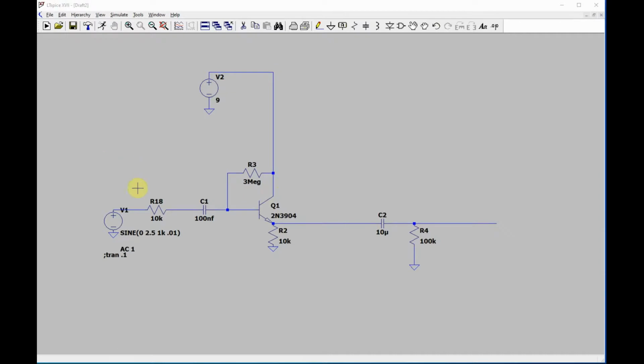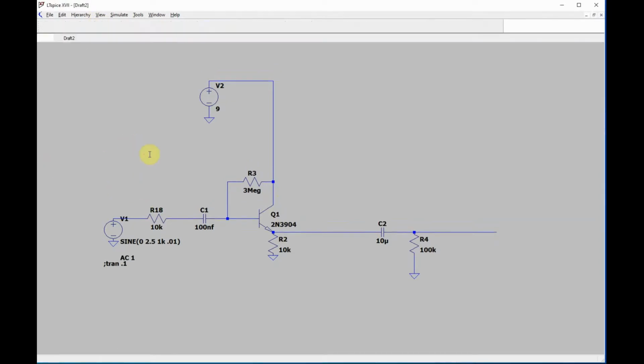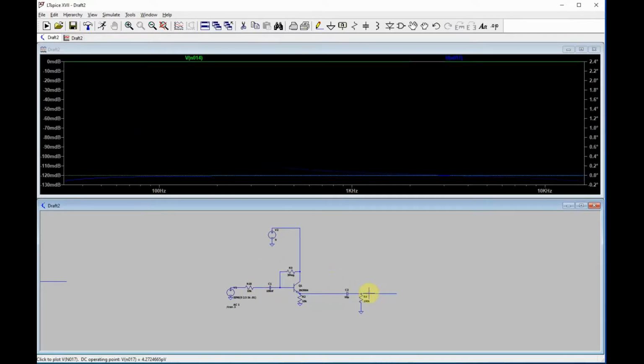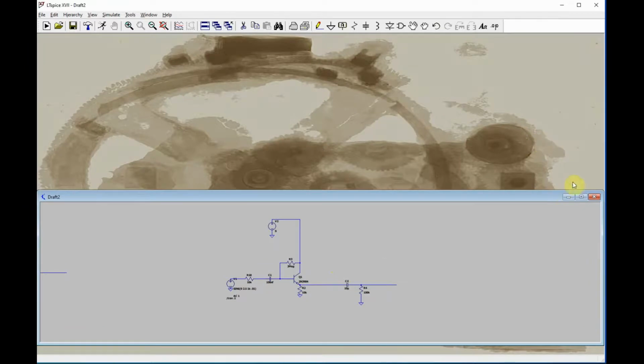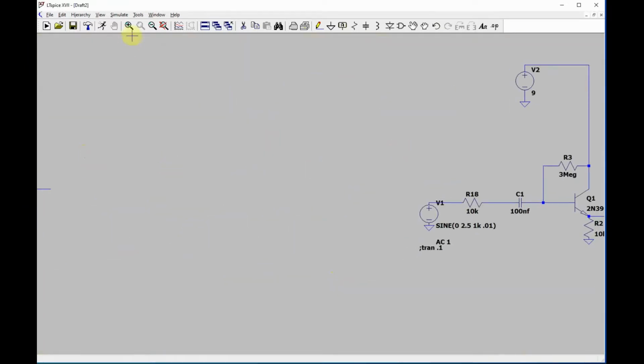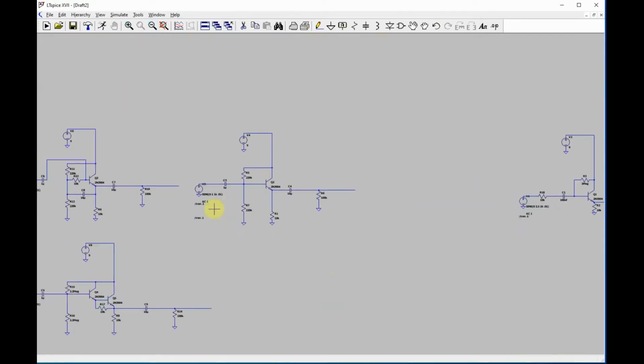Okay, so just looking at this circuit, let's run this and take a look. There's the input, there's the output. We're on the wrong thing. Sorry about this.